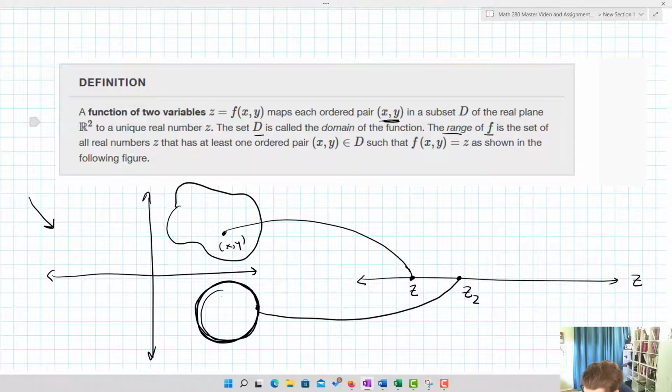The range of f is going to be the set of all real numbers z that has at least one ordered pair belonging to D, stuff that we can get to. And we're going to imagine that this is what we call our mapping. So that's f, we think of this as f as well. And what's going to be kind of cool is that we're going to end up getting a lot of cool shapes that we can then map over onto our z-axis.